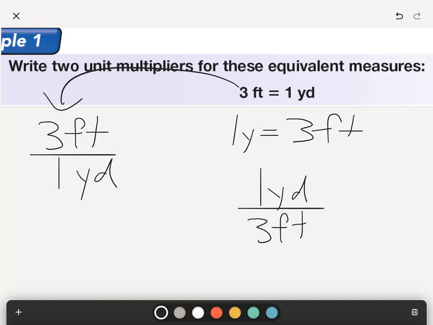So this is converting feet into yards, and this is my little conversion machine to convert yards into feet.